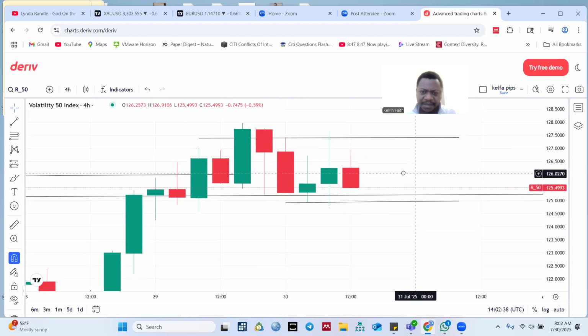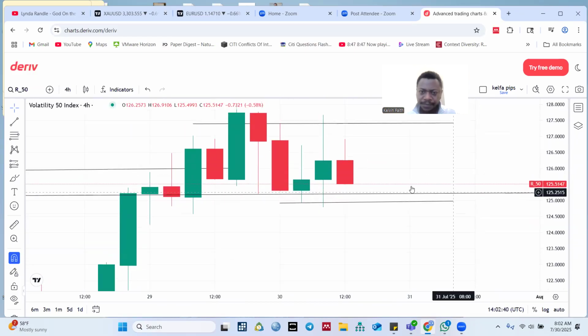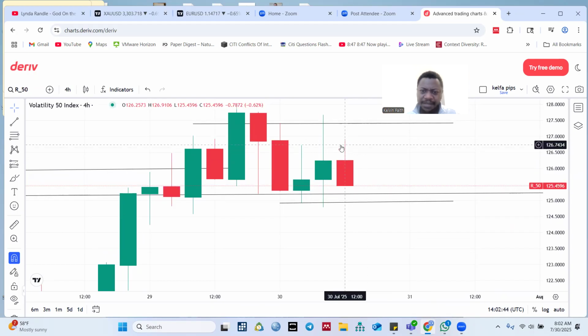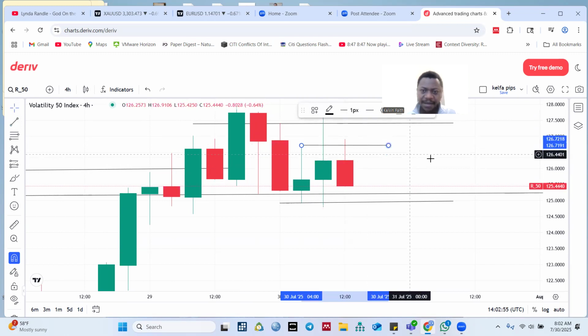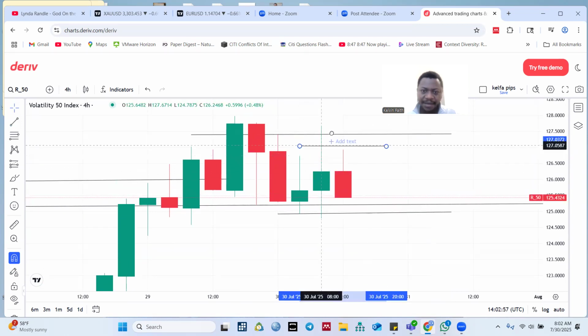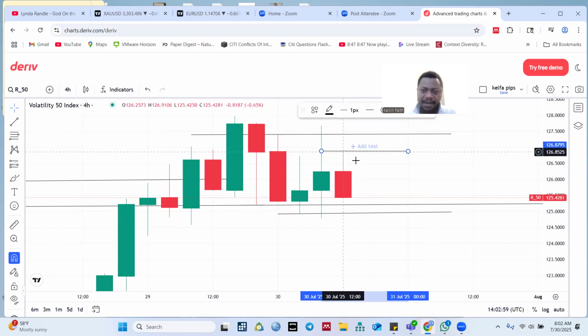And notice that there is this 4 hour candle which will be closing in the next like 2 hours. That is engulfing this area. So even within this pattern, we still have another swing high, a higher high, and then a lower high here.